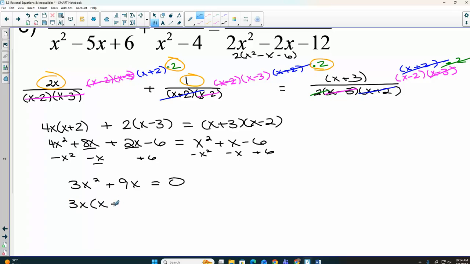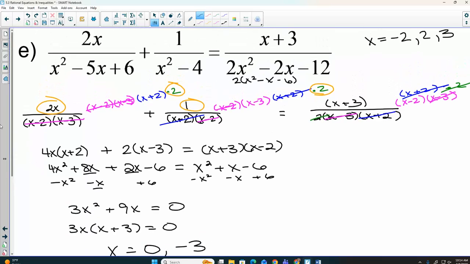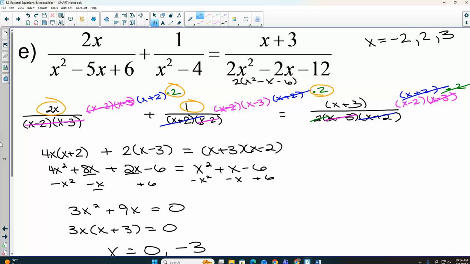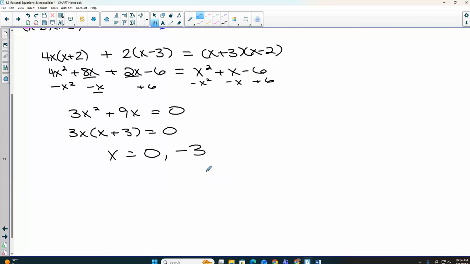Leaves us with x plus. So what do we get for our answers? Check our list. We couldn't have 2, negative 2, or positive 3. Are my answers okay? Yes, so we keep both of them.